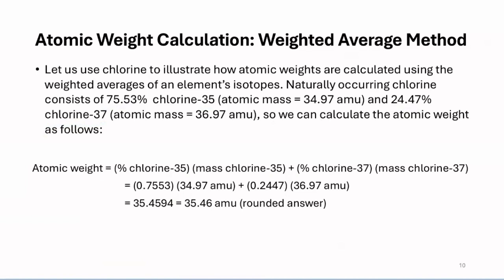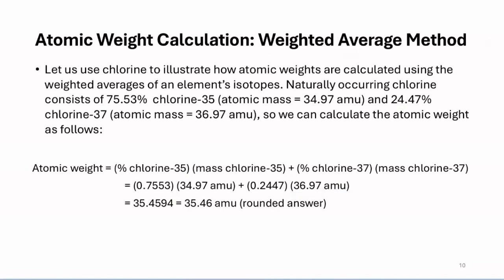Now, how do we calculate the atomic weight for a particular element? You take the percent abundance and change it into a decimal number by dividing it by 100. Then you multiply this value by the mass of the isotope. Then you add that result to a similar calculation, where we multiply the decimal number from the percent abundance by the mass of the second isotope.